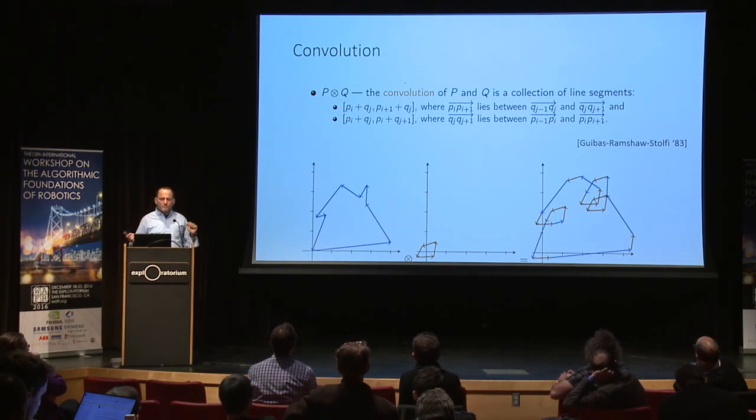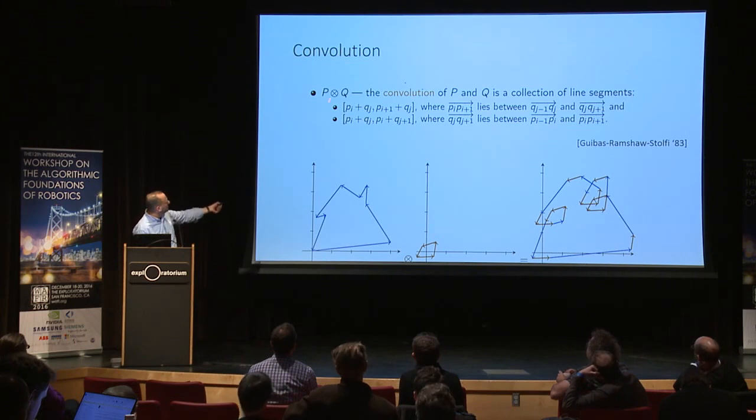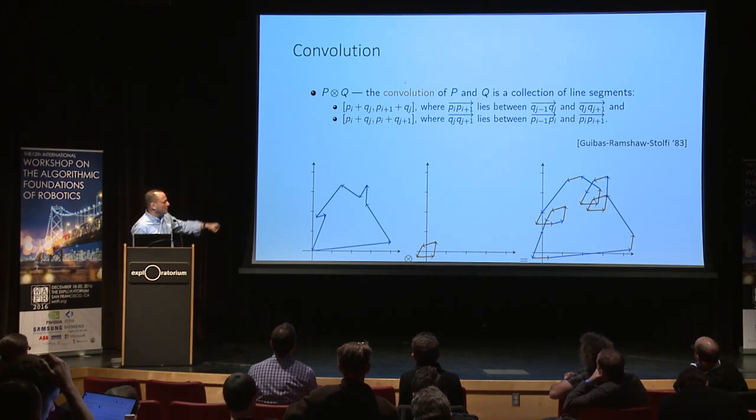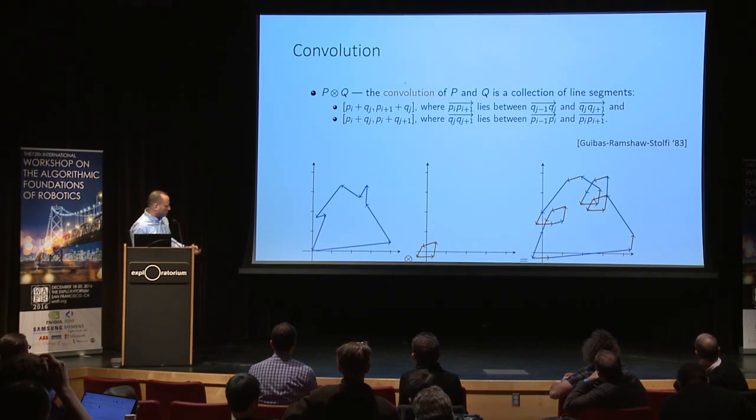By the way, I denote it with this x in a circle. This is the convolution. It refers only to the boundary, not to the actual volume of the sums. And what it tells you is which vertices of one polygon to take the sum of with the vertices of the other polygon. And here you see the convolution of this blue polygon and a brown polygon. You get this strange object.